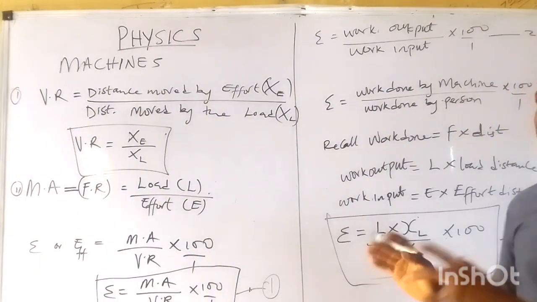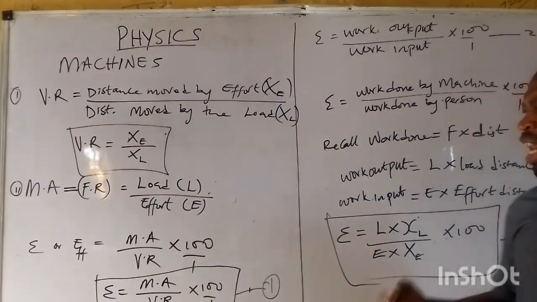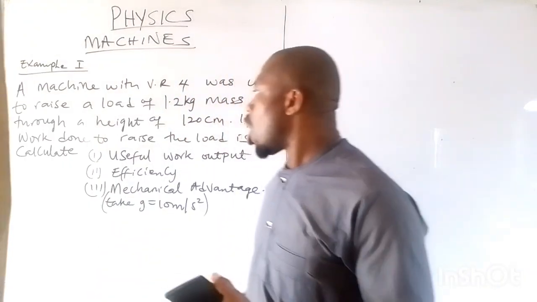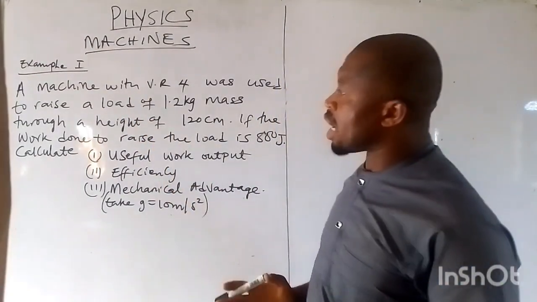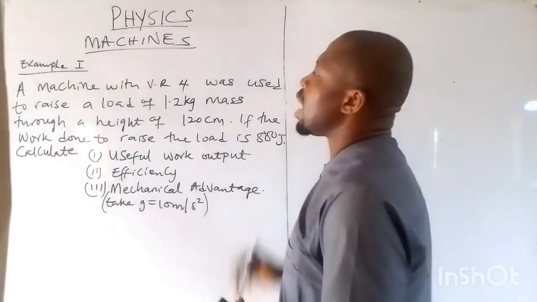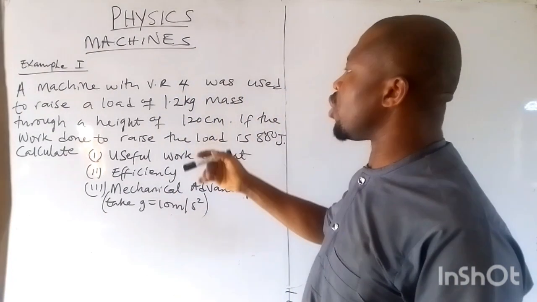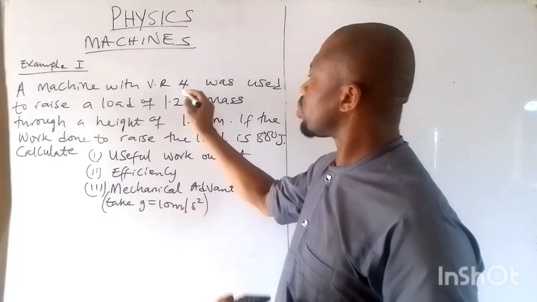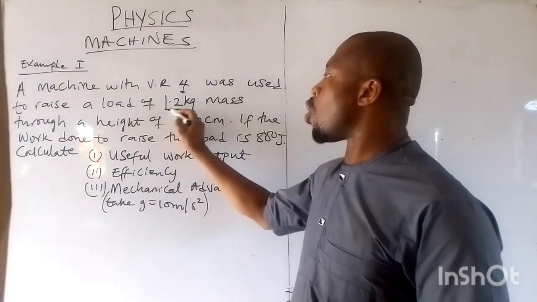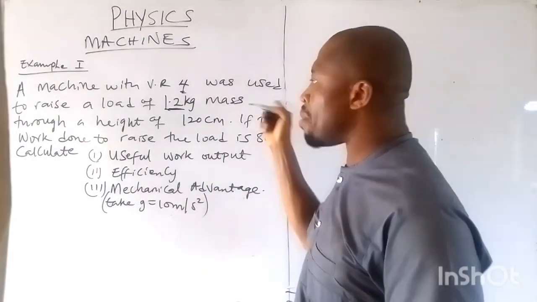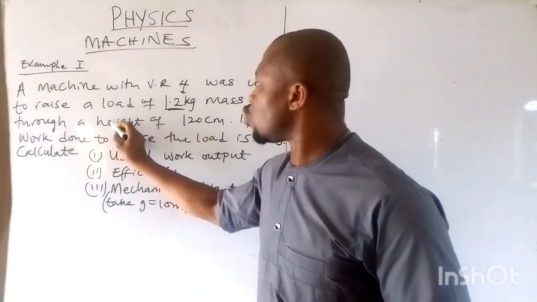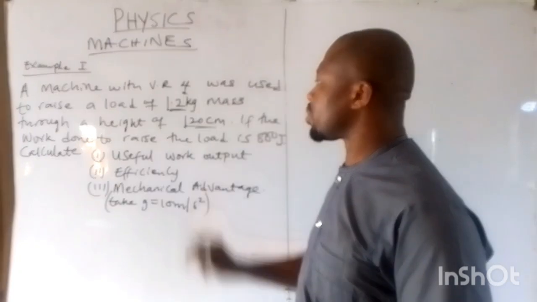Now, we are going to look at some questions that can help us solve this particular problem. We have this question before us here, and it says, a machine with velocity ratio 4 was used to raise a load of 1.2 kg mass through a height of 120 centimeters.